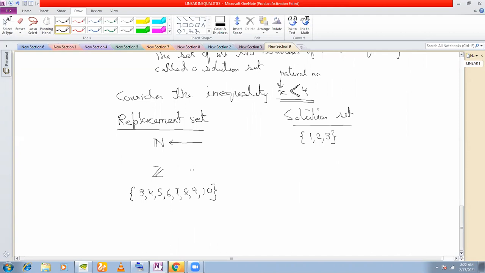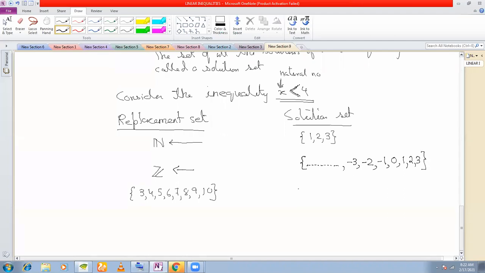Consider if I give you the replacement set as the set of integers, then what will be my solution set? 3, 2, 1, 0, minus 1, minus 2, minus 3. You will start from minus infinity, that is all the negative integers, till you come to minus 3, minus 2, minus 1, and then 0, 1, 2, 3, and that's it.